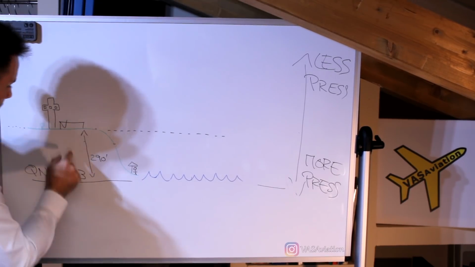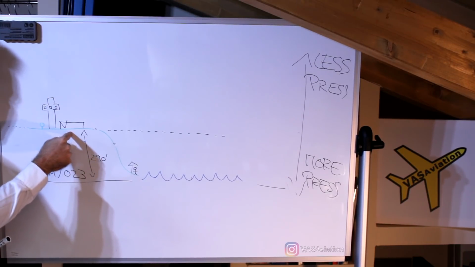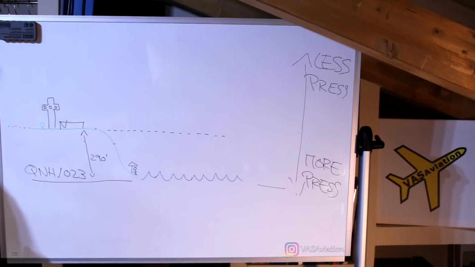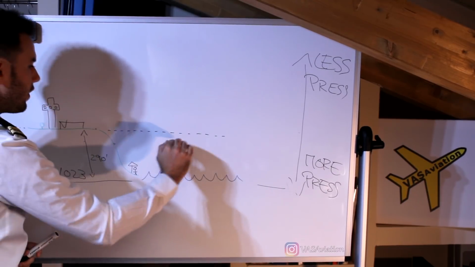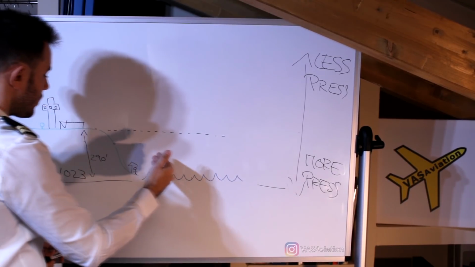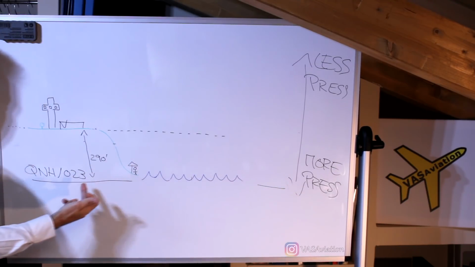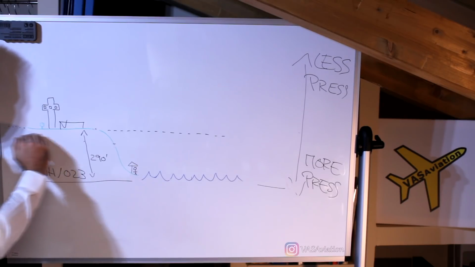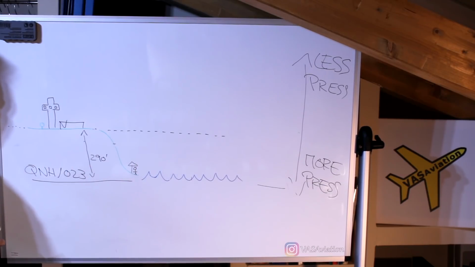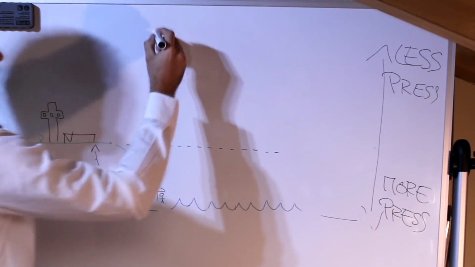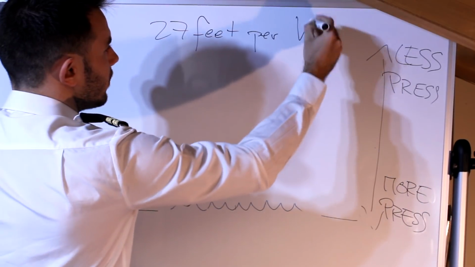Now we have the elevation, and we have the distance from the airport to the QNH. And we said that QFE is the pressure at the airfield. So it's pretty obvious from the diagram that the QFE will be the distance from the 1023 to the surface, and that distance is 290 feet. We know the pressure gradient is 27 feet per hectopascal.